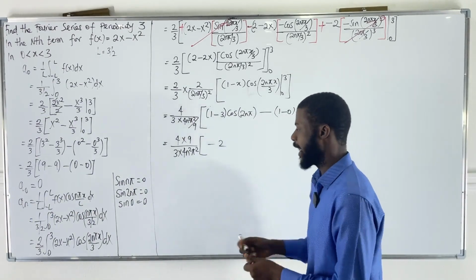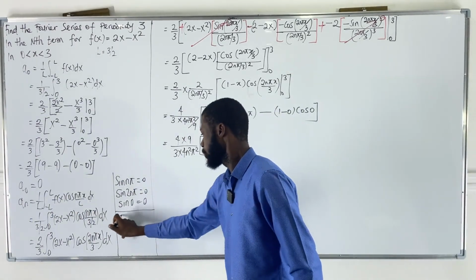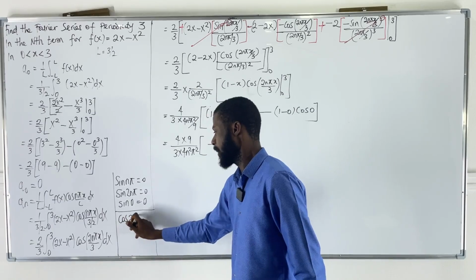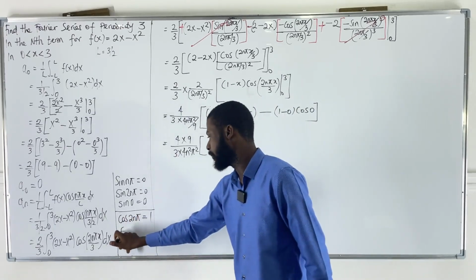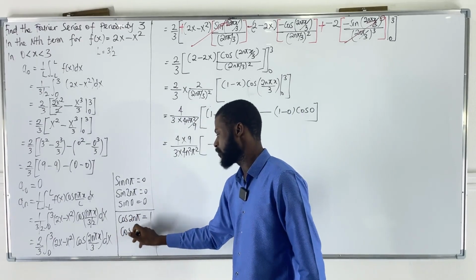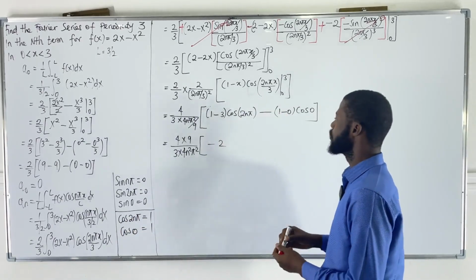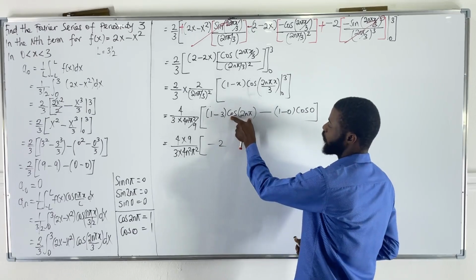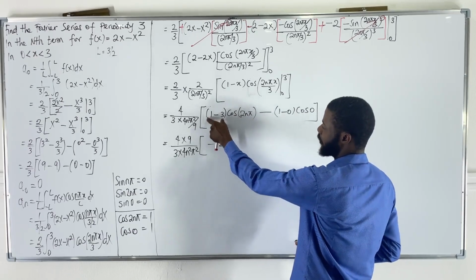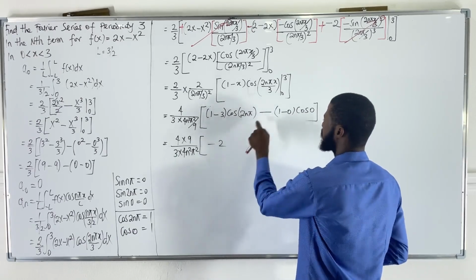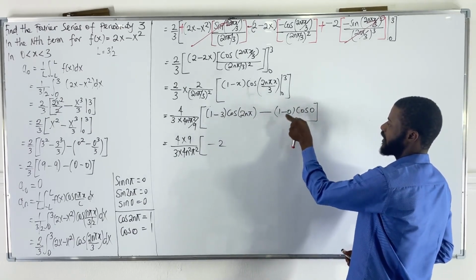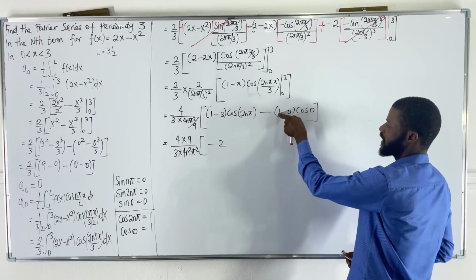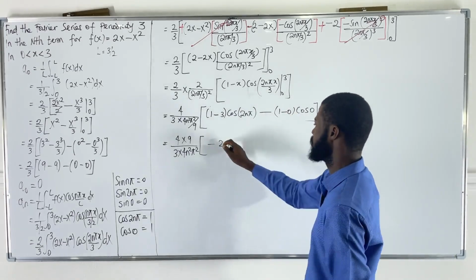Now, cos 2n pi is equal to 1. Cos 0 is also 1. So it means that the value of this is 1. So 1 times the answer I got here will give me minus 2. Minus, cos 0 is also 1. So I'm just having this answer because 1 times this answer is the answer we get here. So this is minus 1.